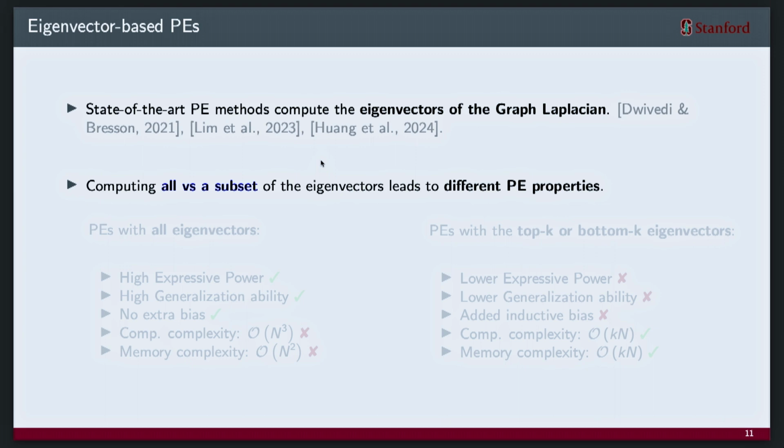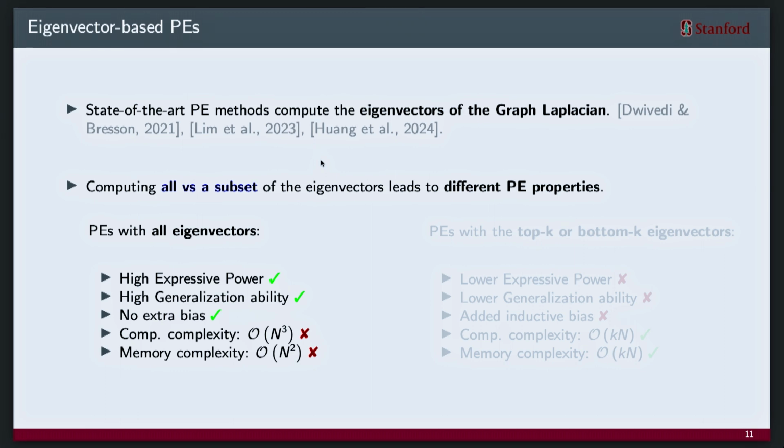To be more precise, we can have positional encodings that look at all the eigenvectors of the graph Laplacian, and these positional encodings have very high expressive power, they are generalizable, they are generic, however, they need cubic time complexity, and they need quadratic memory complexity.